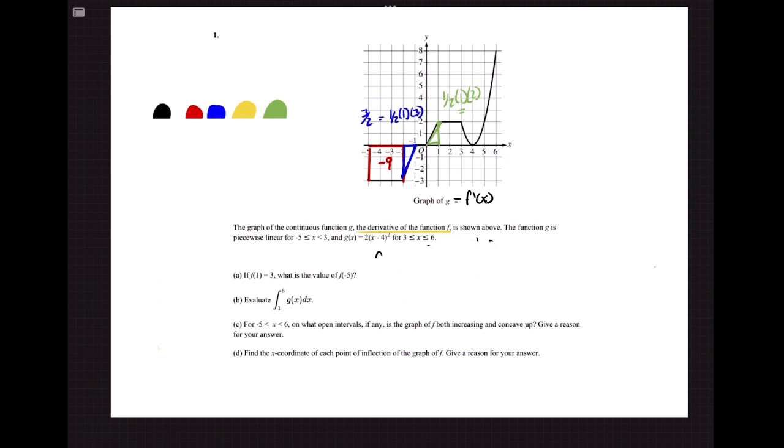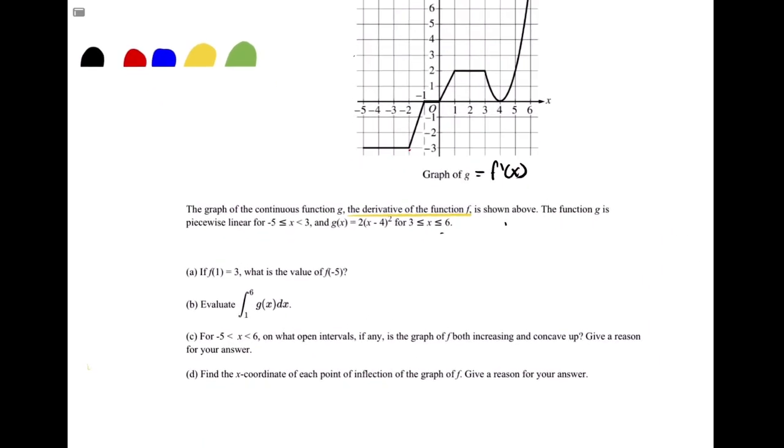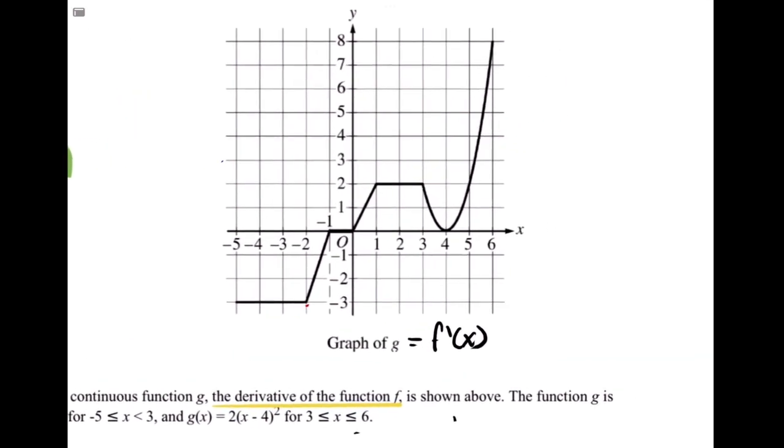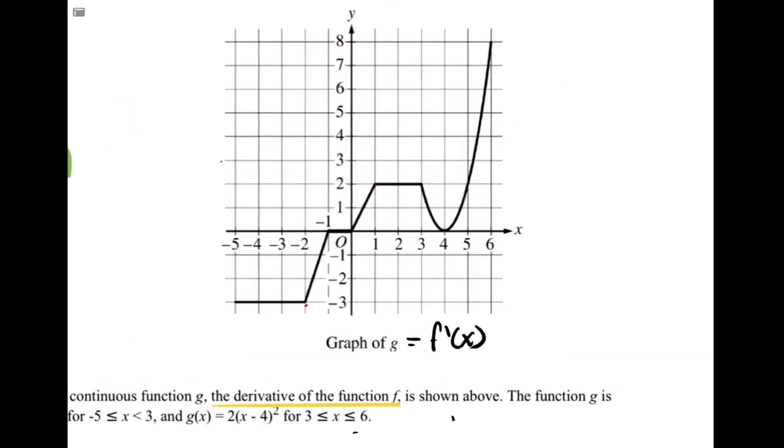So now that that's out of the way, we can finally move on to part B of this FRQ. The problem asks us to evaluate the integral from 1 to 6 of g of x dx. In order to do that, we must look back at our graph to break apart each section geometrically.